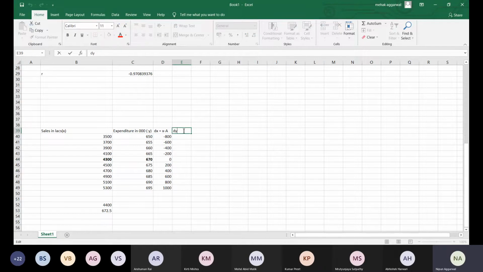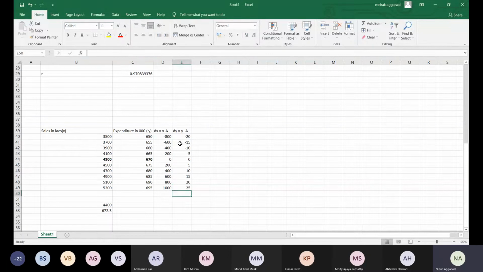So dy becomes y minus a, which is 650 minus 670, minus 20. So this becomes minus 20, then minus 15, then minus 10, minus 5, then 0, 5, 10, 15, then 20, and then 25.